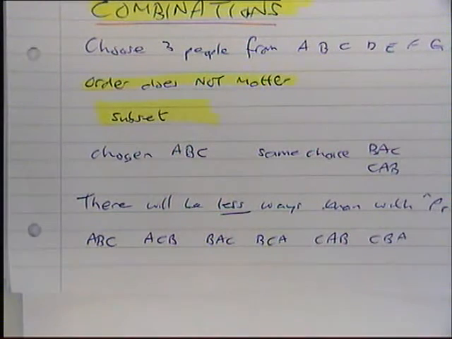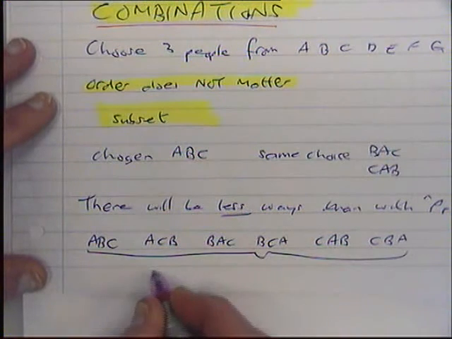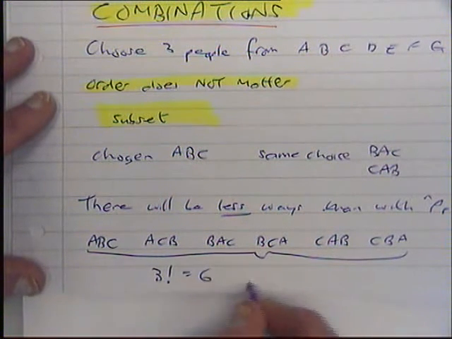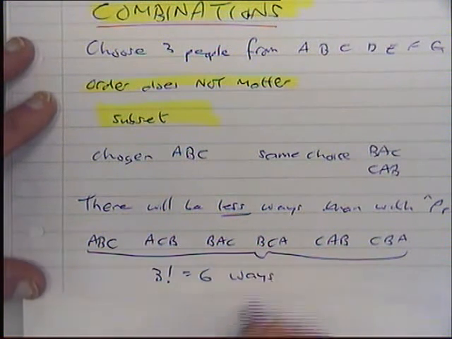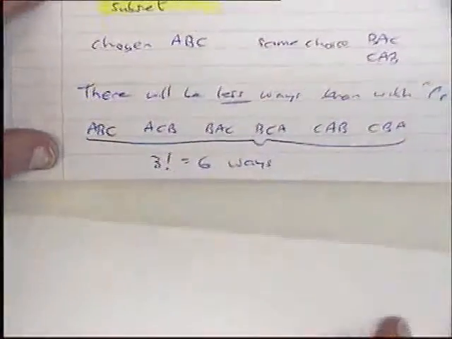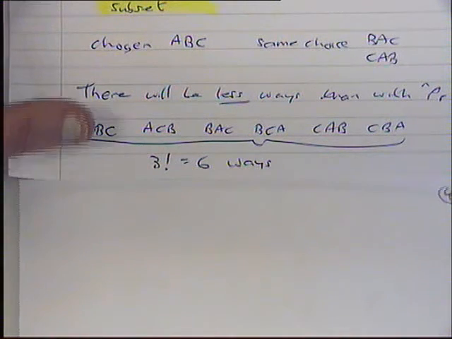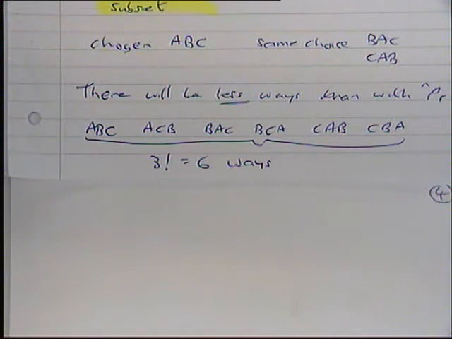Yeah, okay. We could arrange those people there in 3 factorial, which is 6 ways. But for us now, they are all going to count as being the same. Yeah, so it's like last time, but we have to divide by 3 factorial.